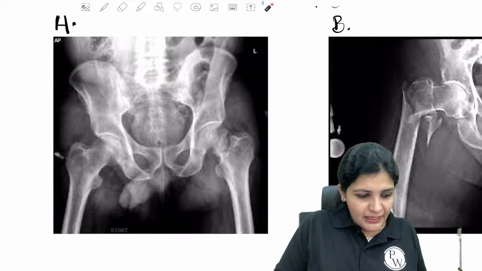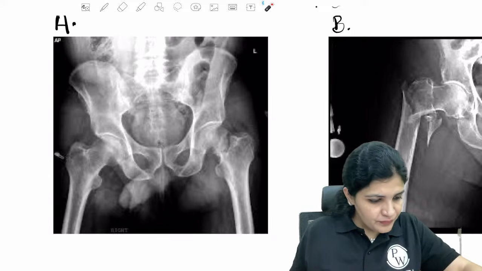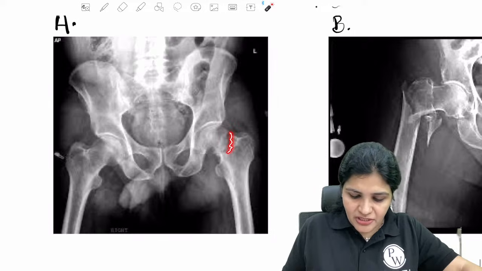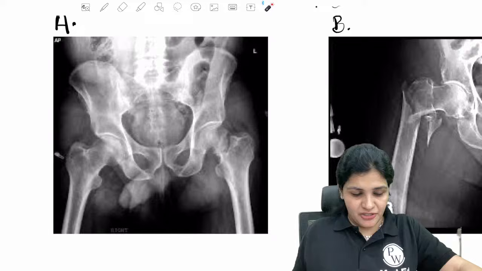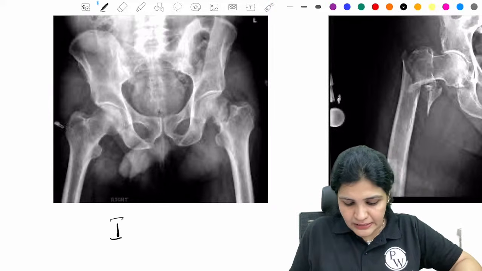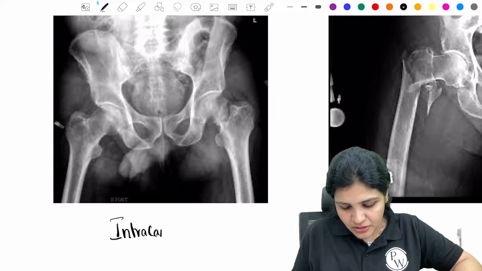Here you can see this is the fracture, and it is happening in the neck and it is a complete fracture. Very good. So this is an intracapsular fracture.